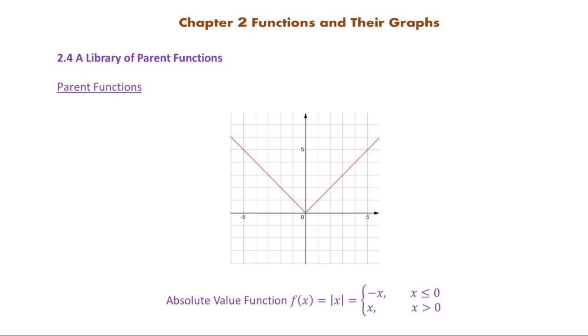When x equals negative 2, to make the function value positive 2, the absolute value, we need to put a negative sign in front of negative 2. That's why f of x equals negative x for x less than or equal to 0, right?